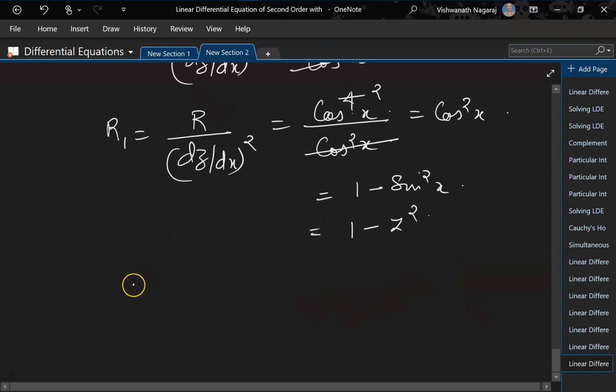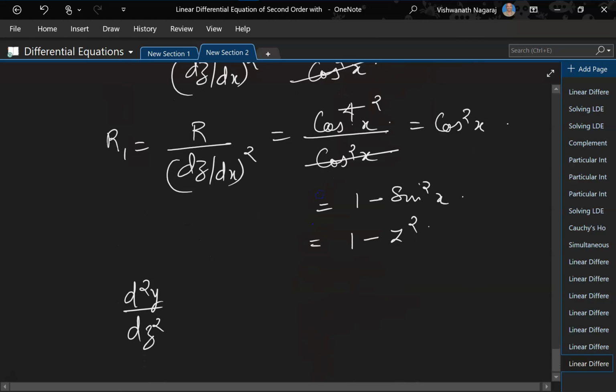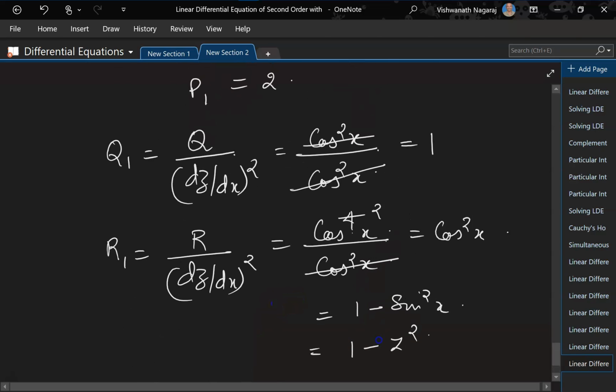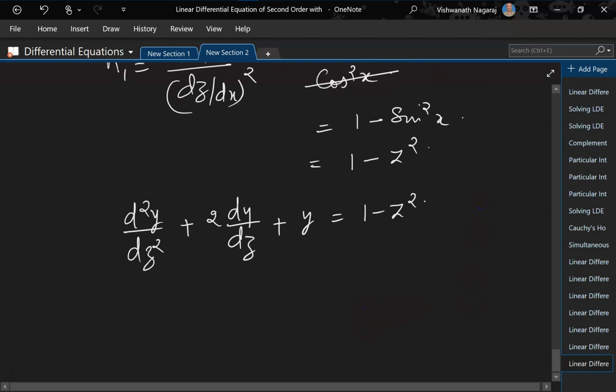So our equation becomes d²y/dz² plus p1, which is 2, so plus 2 dy/dz plus q1, which is 1, so y is equal to r, which is 1 minus z², right? Now we solve this. We know how to solve this.